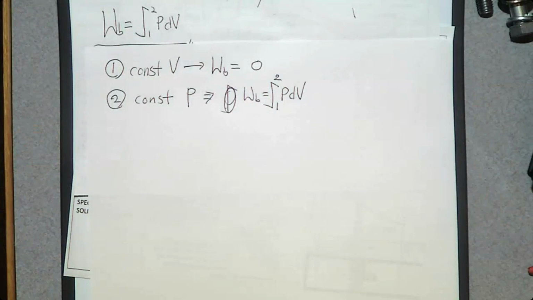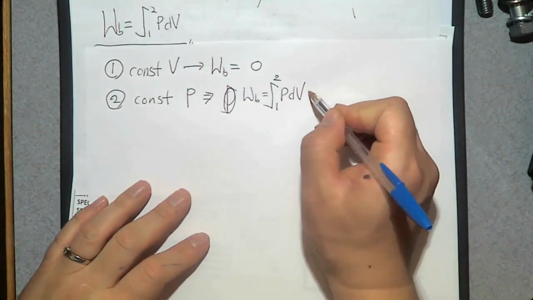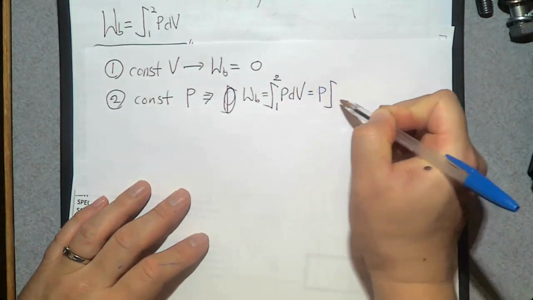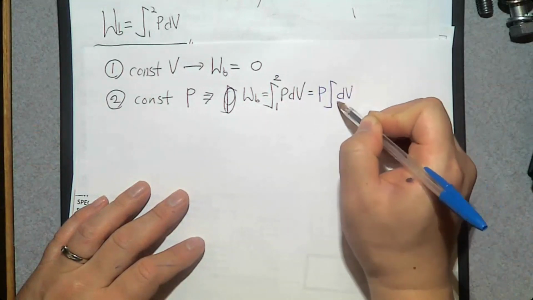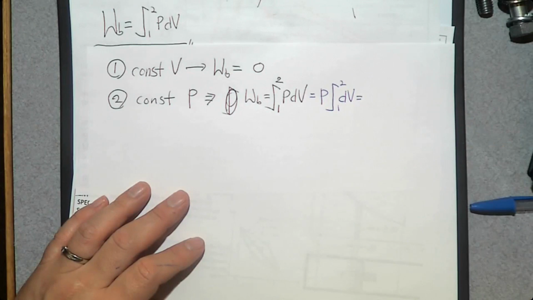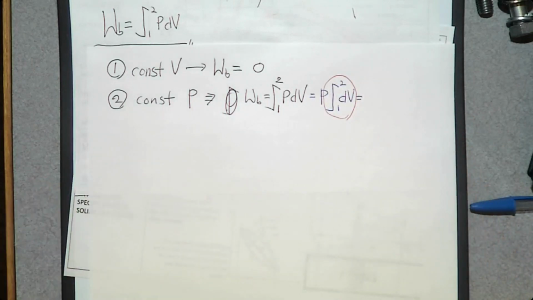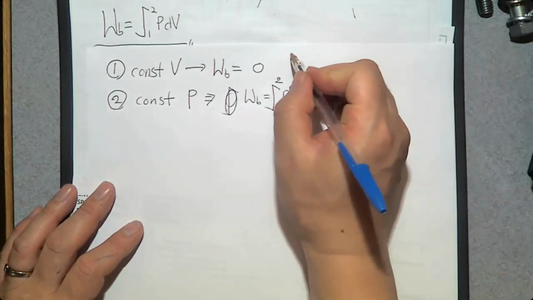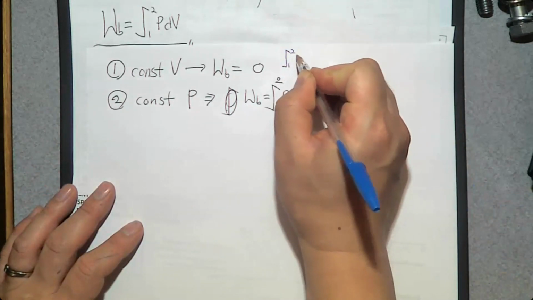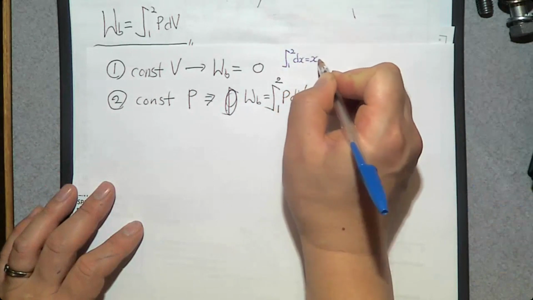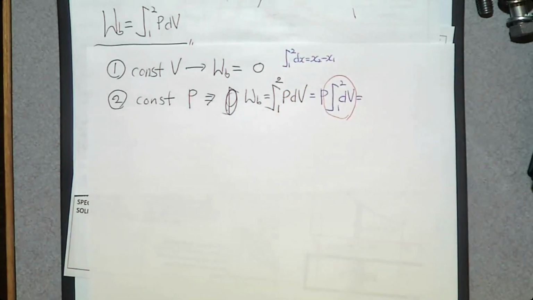Yeah, you kick it out of this integration, right? So pressure comes out. And now we have integral dV from 1 to 2. Do you know how to solve this one? If you don't, let me write it here for you. Integral from 1 to 2 of dx is going to be x2 minus x1. So what is integral dV? V2 minus V1, right?